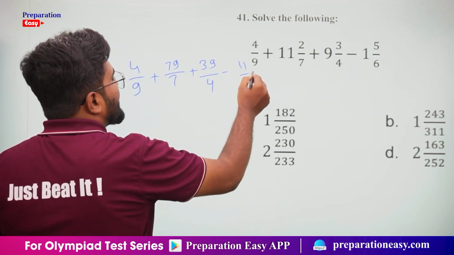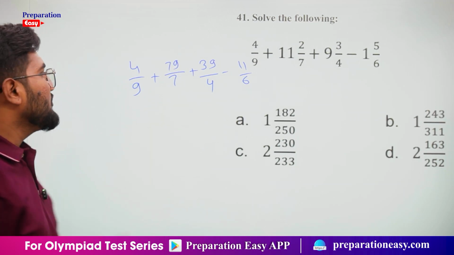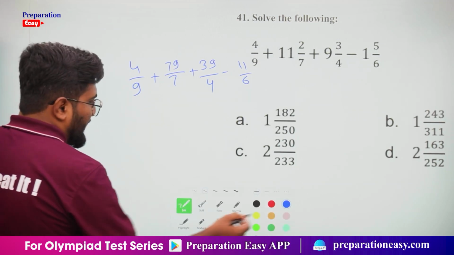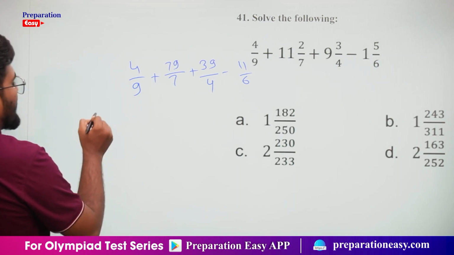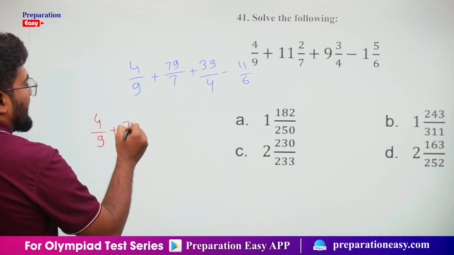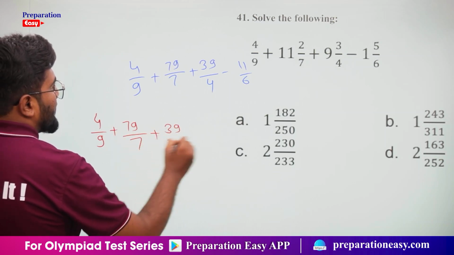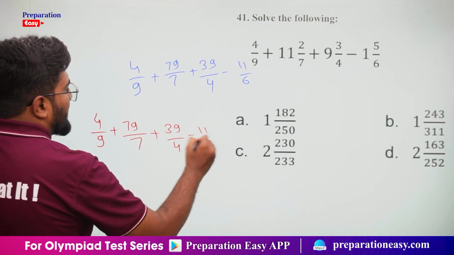So minus 11 by 6. First of all, the denominators are all different, so we have to take a common denominator. We have 4 by 9 plus 79 by 7 plus 39 by 4 minus 11 by 6.